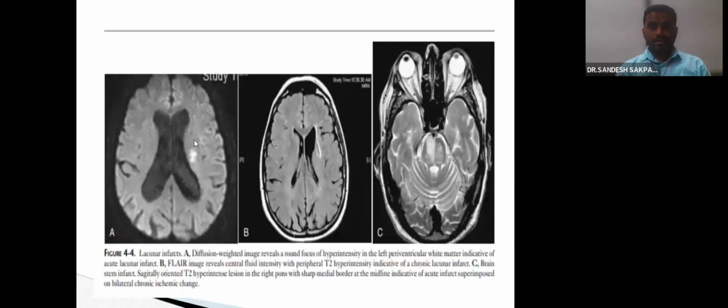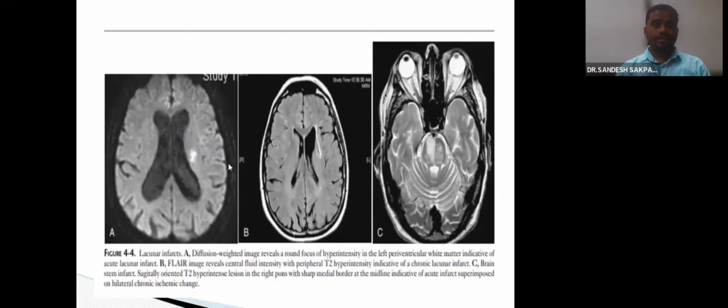When I come here, the first image is the diffusion weighted image, where we can see the diffusion and hyperintense area. B is the FLAIR image and C is a T2 section. In section A, we can see the abnormality as hyperintensity at the left side.